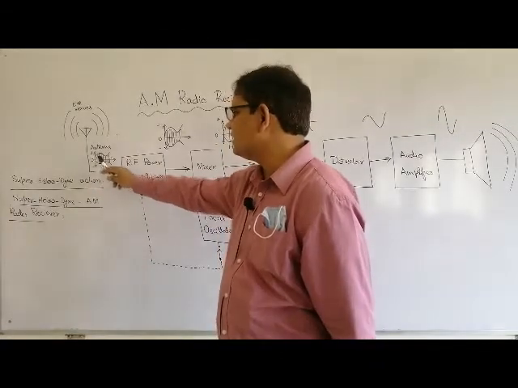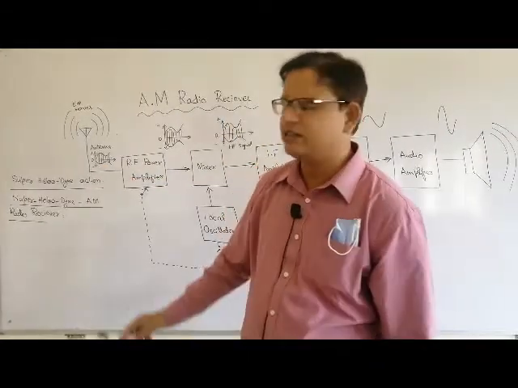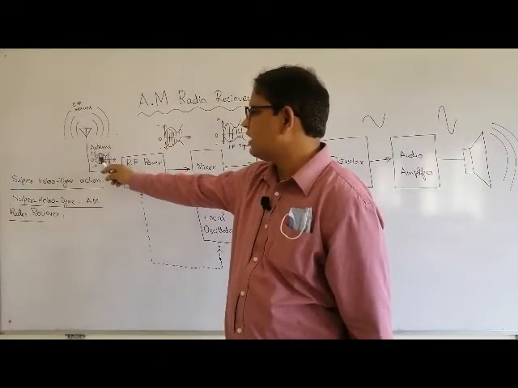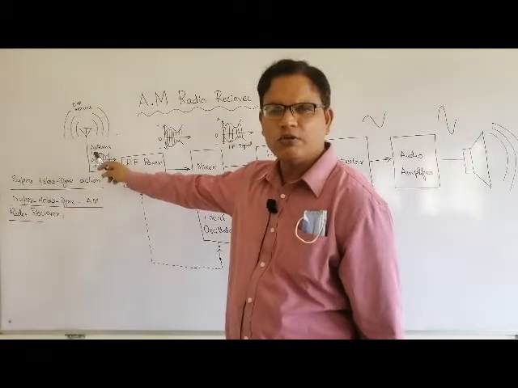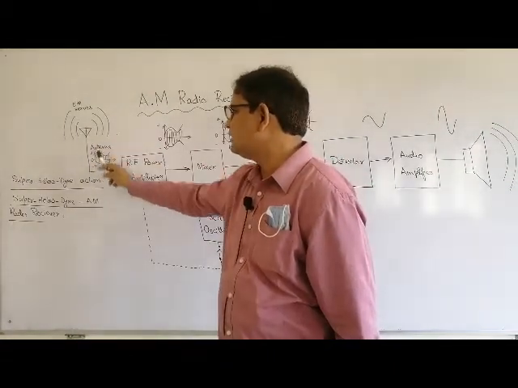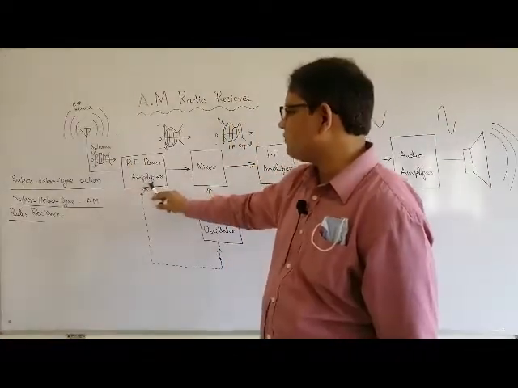As you have seen in my previous lectures, this is the upper sideband, this is the lower sideband, and overall it is an amplitude modulated signal. This amplitude modulated signal is basically the input of the RF power amplifier.